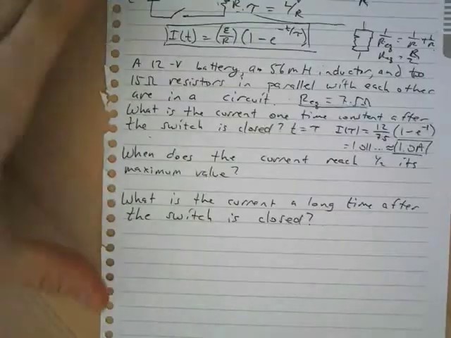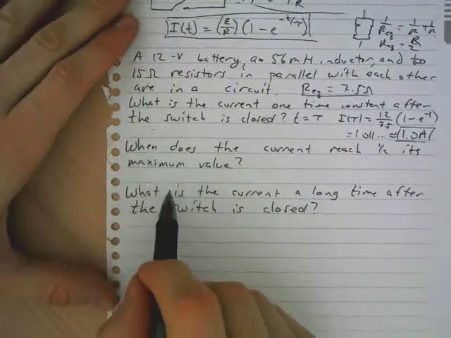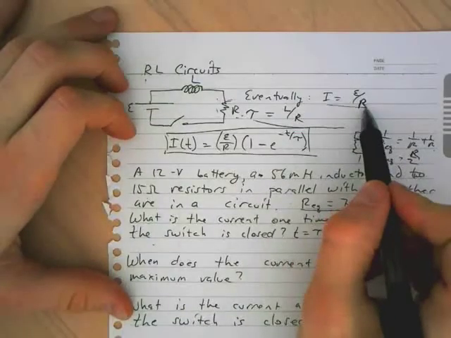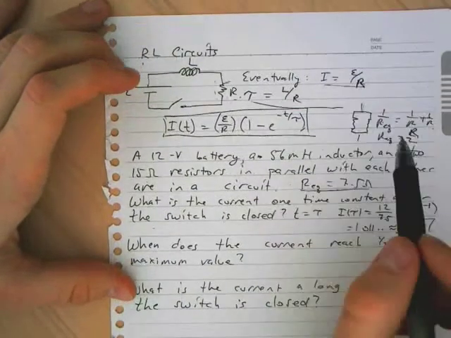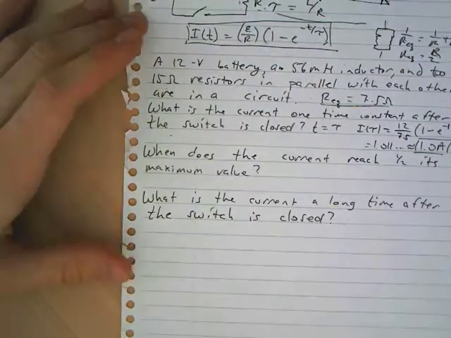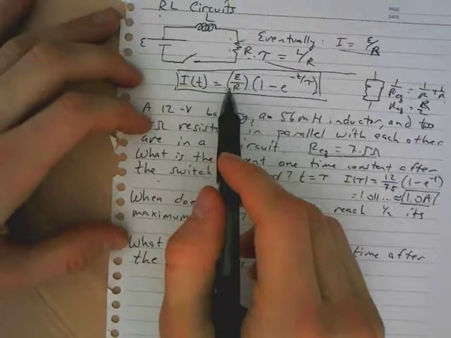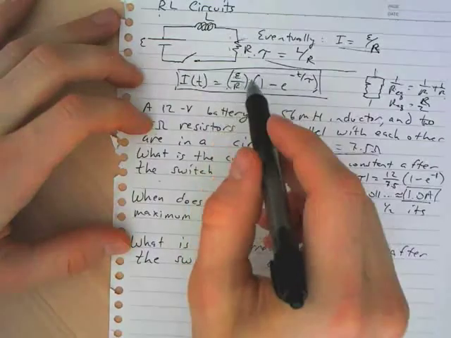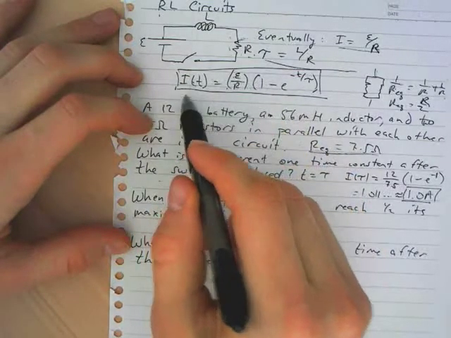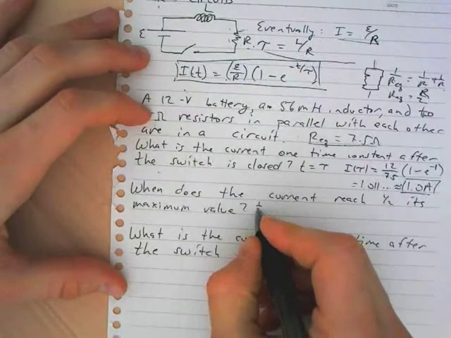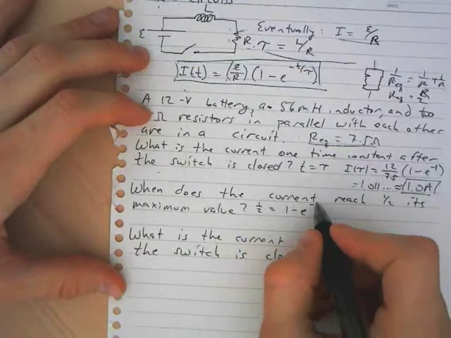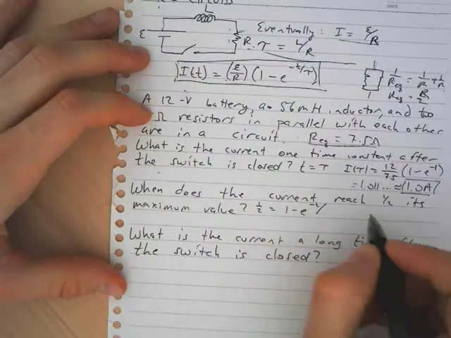Okay. When does the current reach half its maximum value? Well, the maximum value of the current is the EMF of the battery divided by the resistance, E over R. So the time it reaches half is when the current divided by this equals 1/2. So we can say 1/2 equals 1 minus e to the minus t over tau.